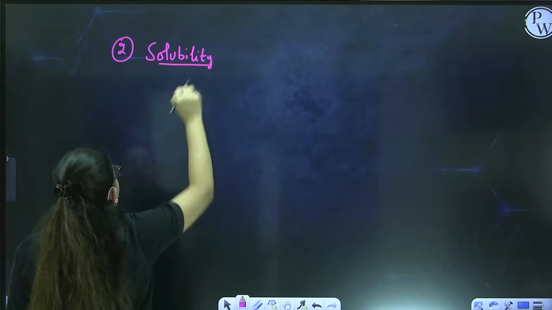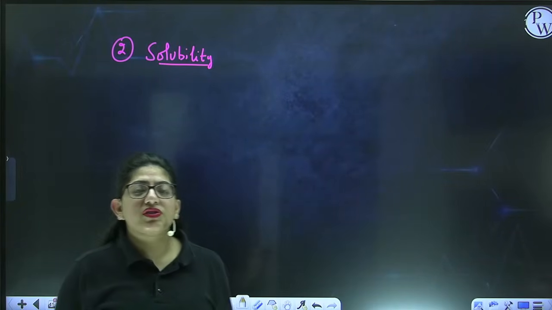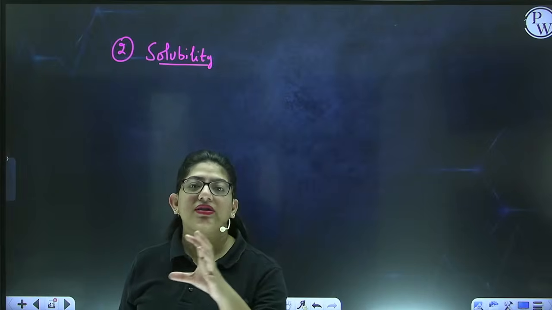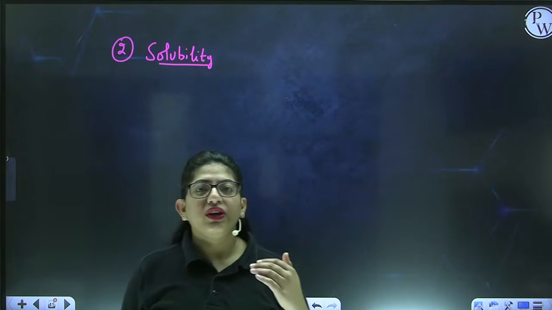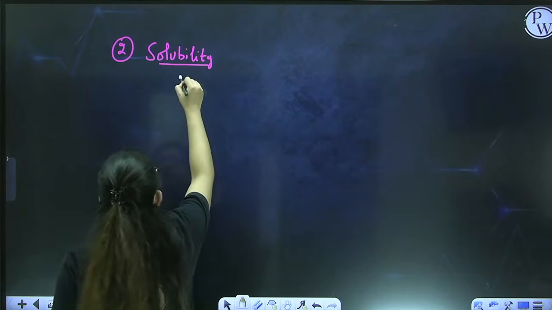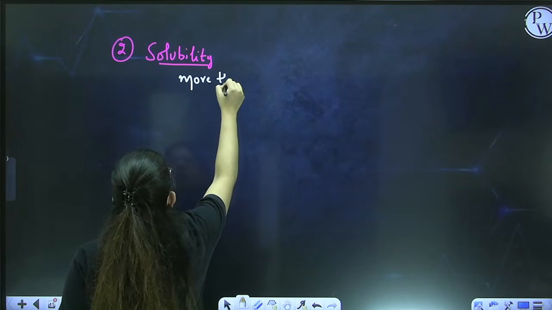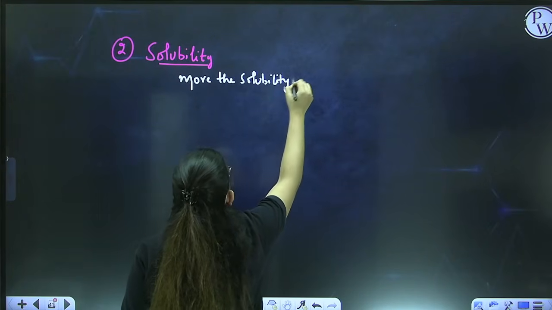So if I say one gas has more solubility than the other, then the gas which has more solubility can easily pass through the membranes and can easily get exchanged. So the more the solubility, the more the exchange.